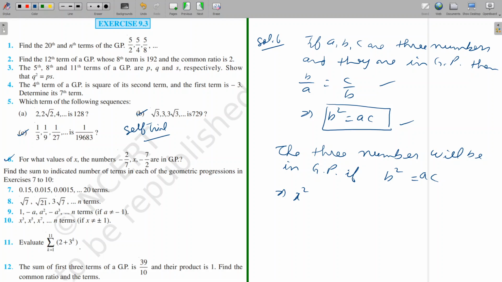If you compare with A, B, C, this is our A, this B and this C. So this will give us B square, that is x square, equal to A into C, that is minus 2 by 7 into minus 7 by 2. So 7 and 7 cancel out, 2 and 2 cancel out, and this implies x square equal to 1. Therefore x equal to plus minus 1. So if x is either 1 or minus 1, in both cases the three numbers will be in GP.